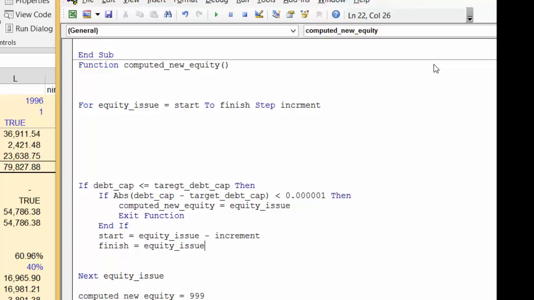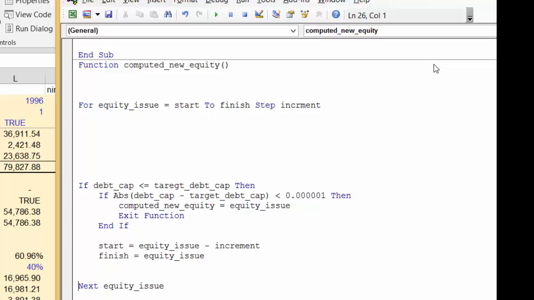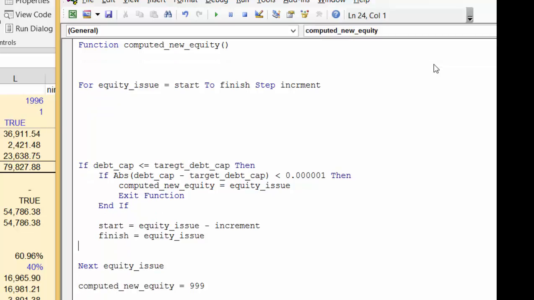You notice the equity issue is just this thing right up here. Now, once we do this, we define a new increment equal to the finish, which should be larger, I hope, minus the start, if the increment is positive, and let's make the increment positive, divided by some divisor.